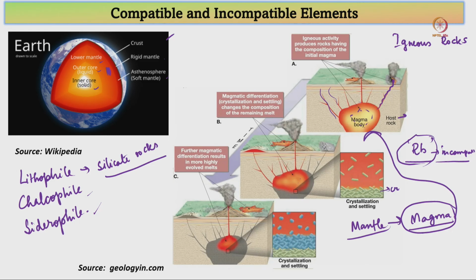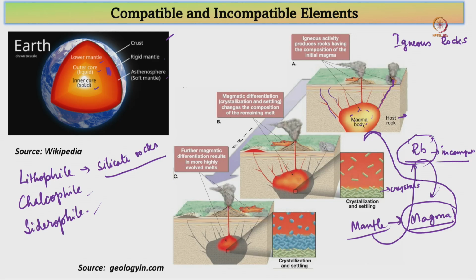They will have higher rubidium. So, the mantle will start losing all the rubidium to the magma with more and more magmatism. As the magma is getting formed, all the rubidium will shift to the magma, they will leave the mantle, they will go to the melt phase.